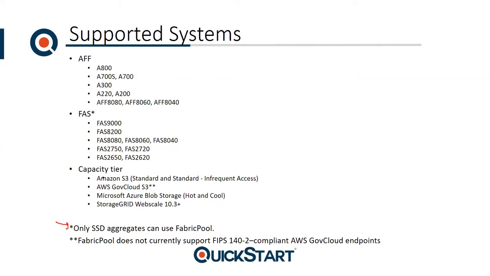Then for the capacity tier, we've got Amazon's basic S3 storage to a certain extent, GovCloud, though notice it currently doesn't support FIPS 140-2 compliance for the GovCloud endpoint. But Azure Blob Storage, this is the newest piece, which I'll keep mentioning because that's what's exciting me nowadays. And then for on-prem, using NetApp StorageGRID as a destination for the capacity tier will be that option if you don't want to pay for storage through AWS or Azure.